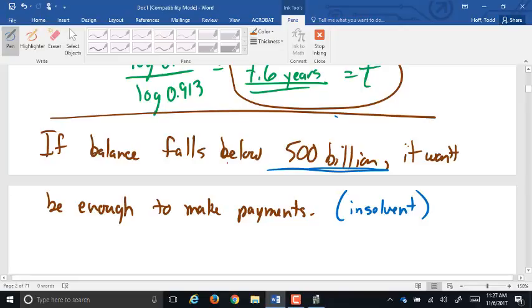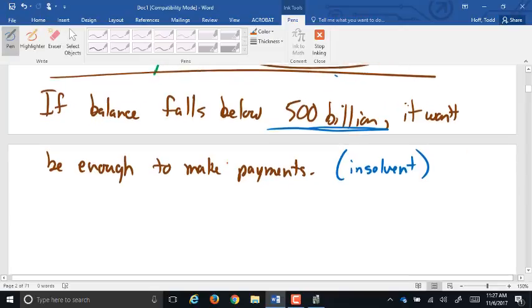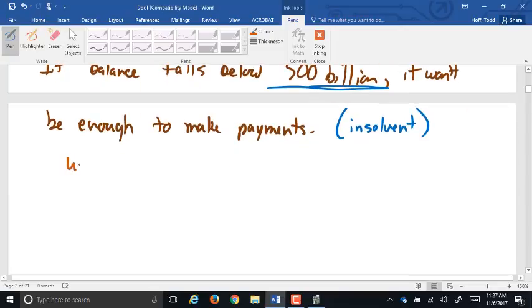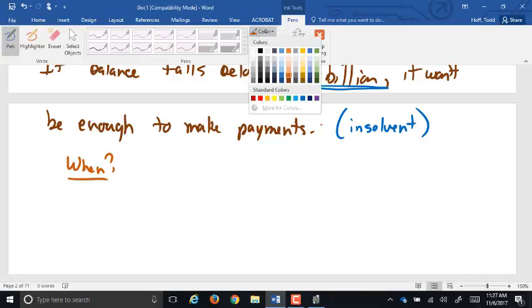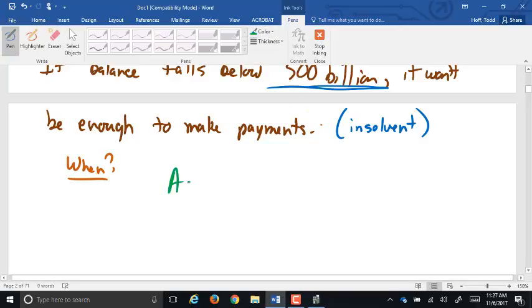So we're looking at, when is this going to fall below 500 billion at the current rate? So when will it happen that we fall below? First of all, 500 billion in our model that we're looking at here, the 3 represents what again? 3 trillion.